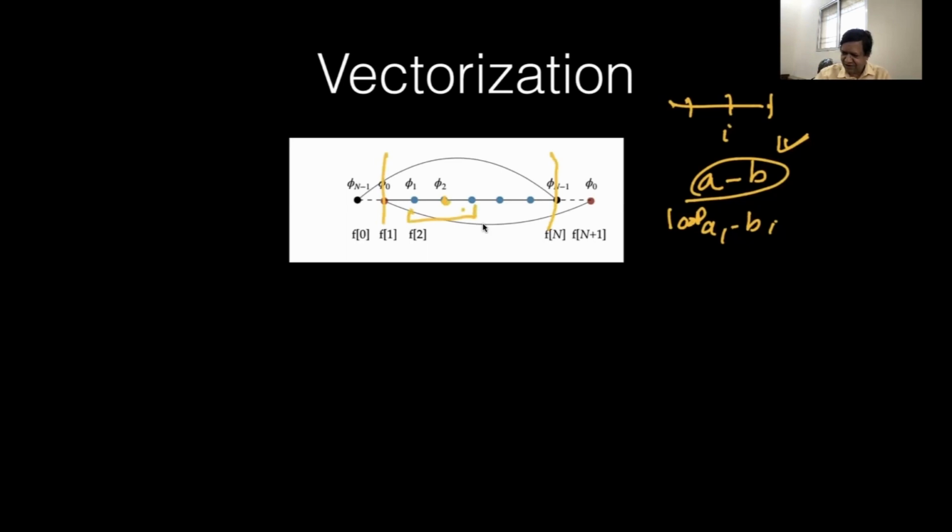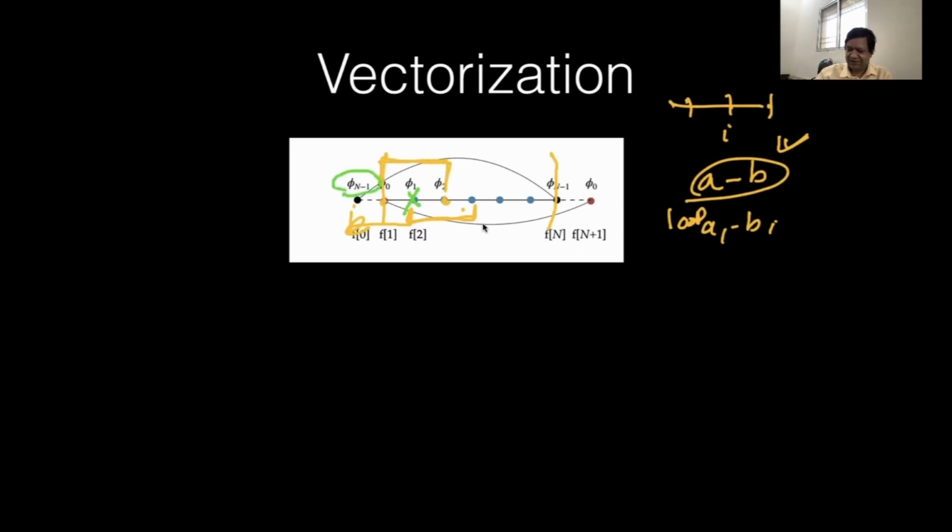I need only 3 points. For phi 1, I need this point and this point. Phi 0 requires phi 1 and one left point of phi 0. And what is the left point of phi 0? With periodic boundary condition, the left point is phi n minus 1.